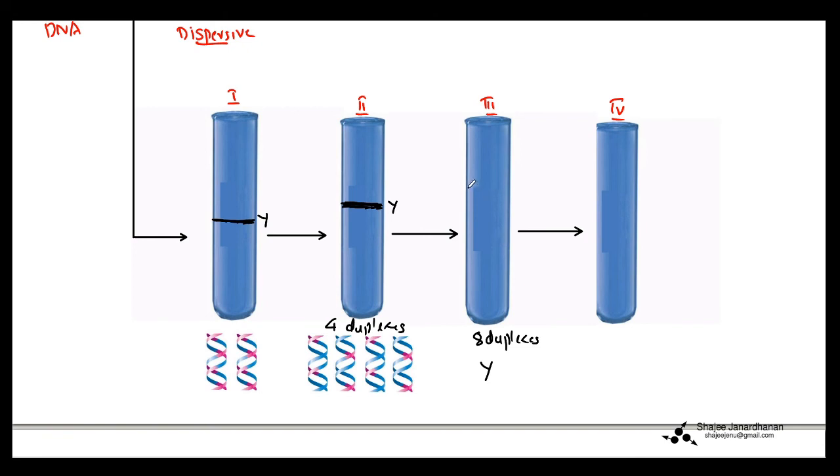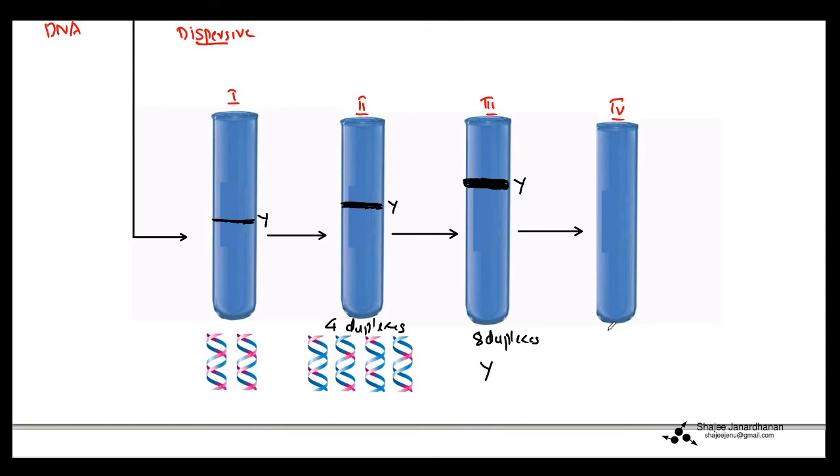So you find still a hybrid band whose thickness has now increased, because in the second generation you had only 4 daughter duplexes and now you have 8, but their density has slightly decreased. Why? Because from the second to third generation there was more N14 incorporated. So you can actually find that the band has now become lighter than the second generation.